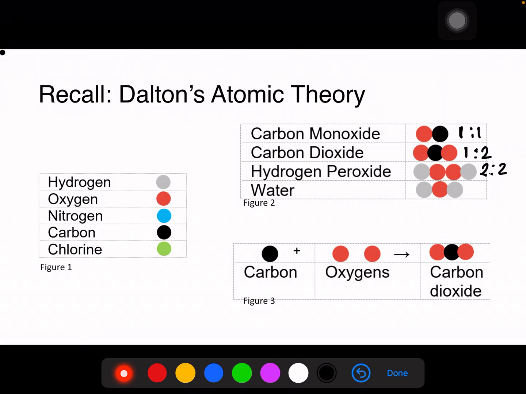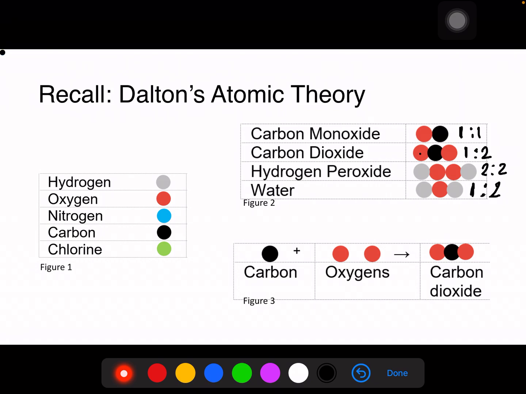And next one, water. So you could see we have one red sphere is to two hydrogen spheres. So that is the definition of water in terms of the number of hydrogen and oxygen molecules.